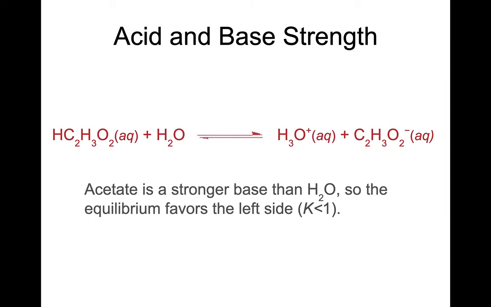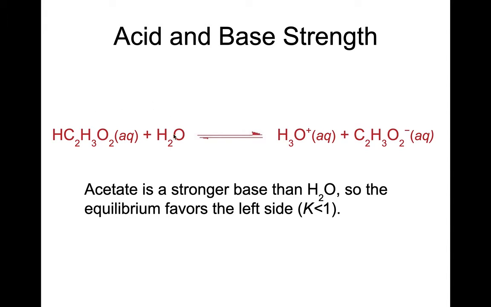Let's look at another example. If we were to compare acetate and water, we would find that acetate is a stronger base than water. So the equilibrium favors the reactant side, the left side in this case.